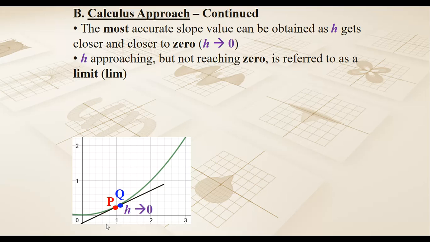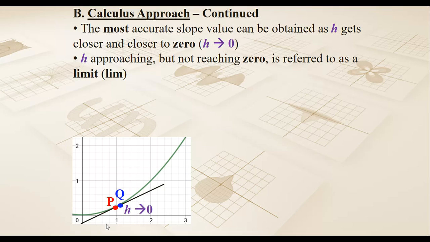But I want to be ridiculously close to point P. So when we have h approaching, but not quite reaching, a value of 0, we refer to that in mathematics as a limit. We're going to abbreviate limit as LIM.